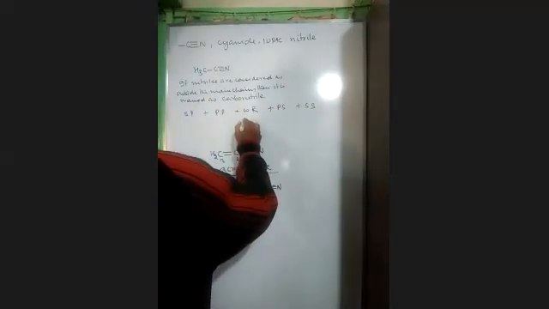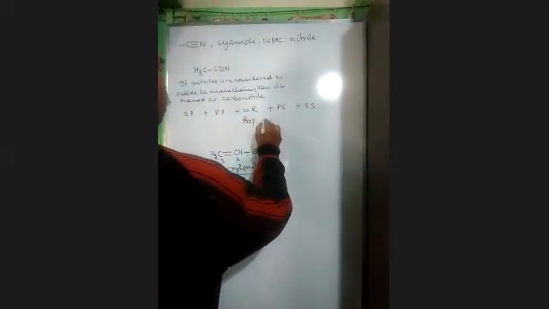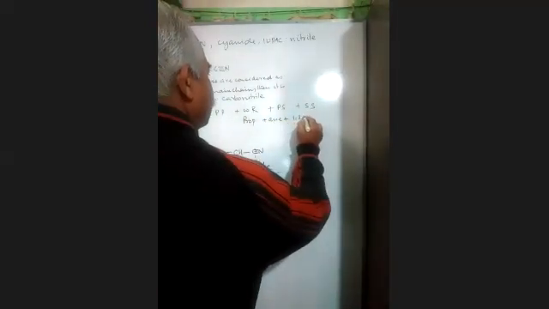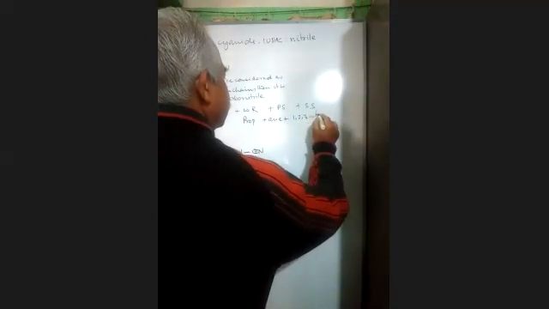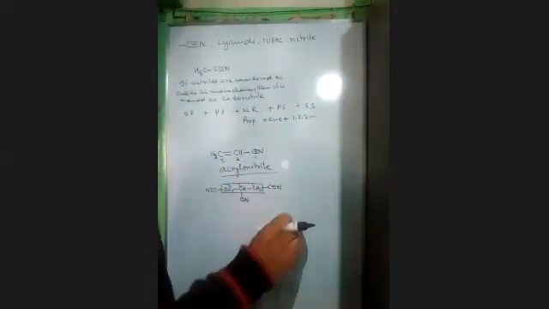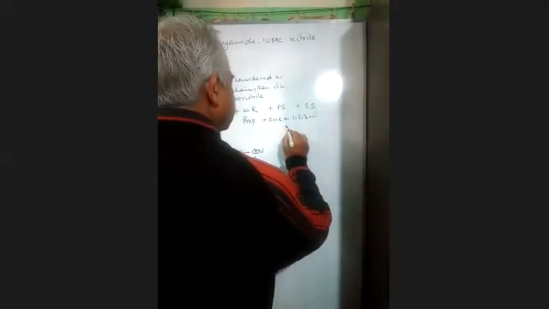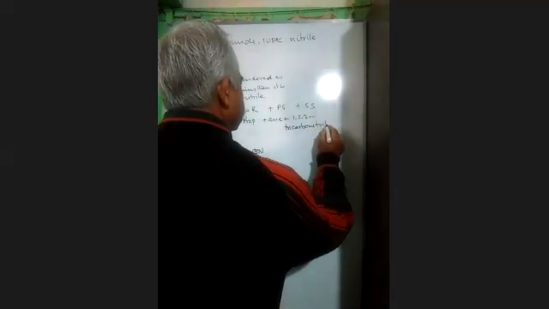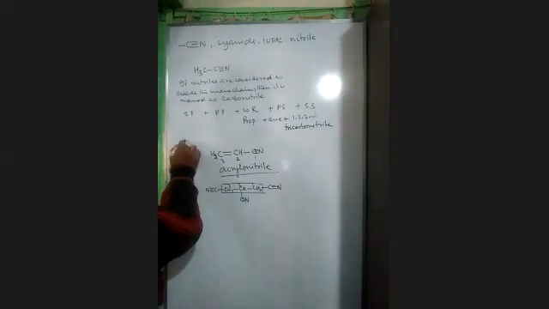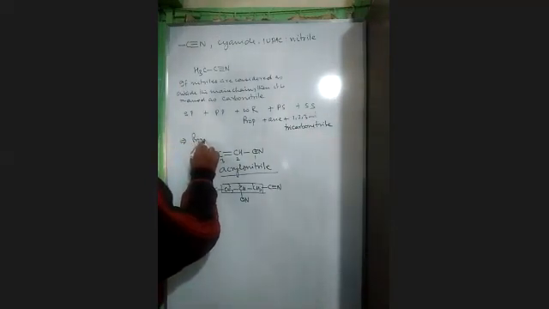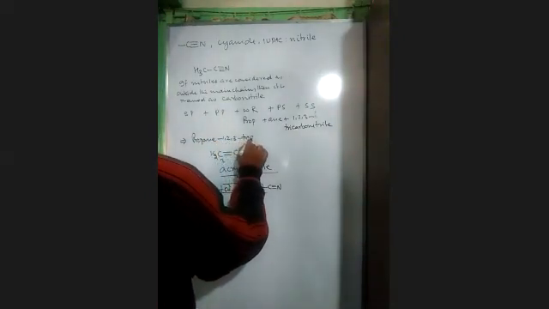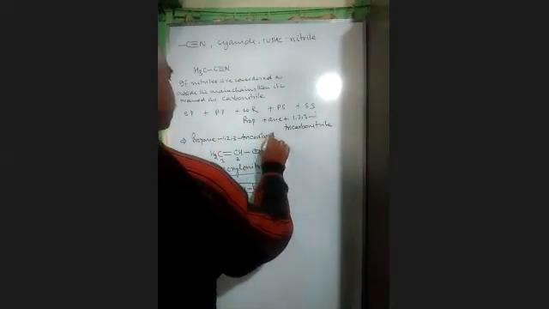So it will be propane, then 1, 2, 3, tricarbonitrile. So the name is propane-1,2,3-tricarbonitrile.